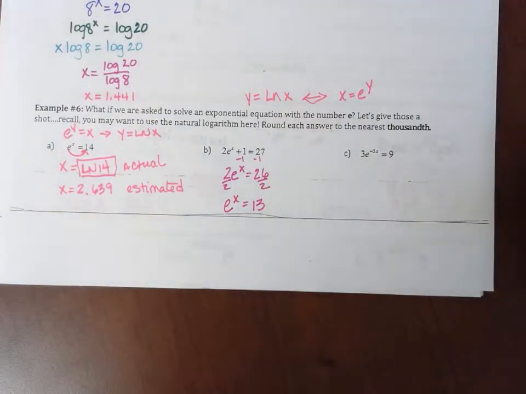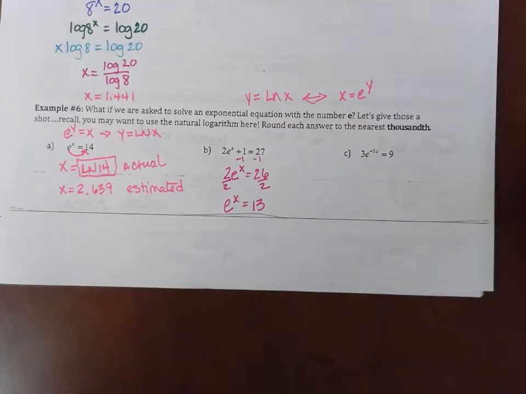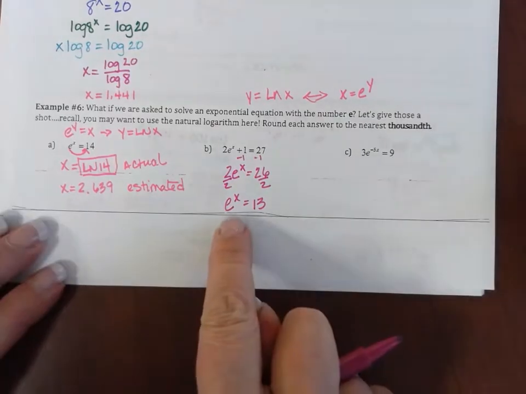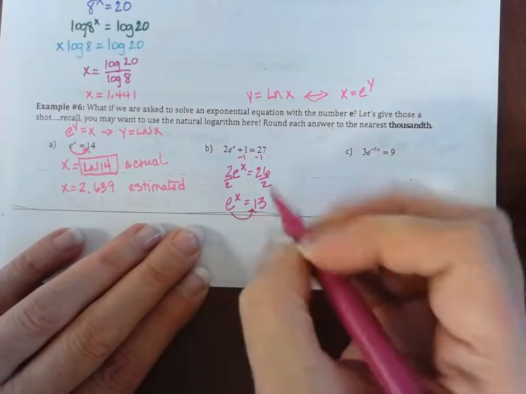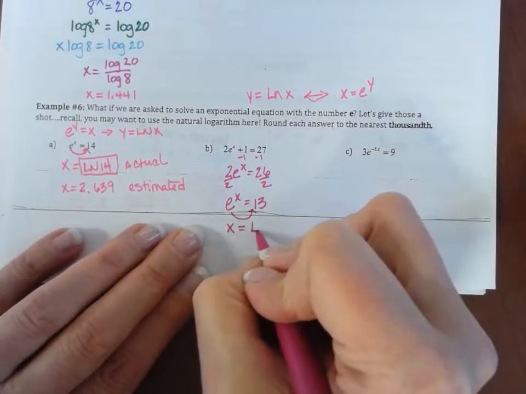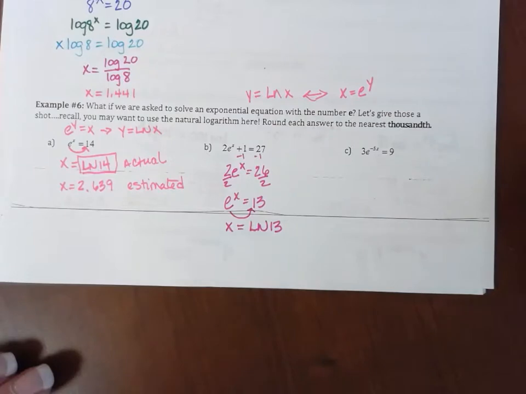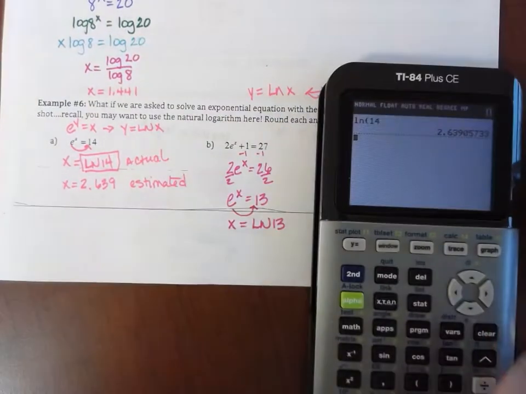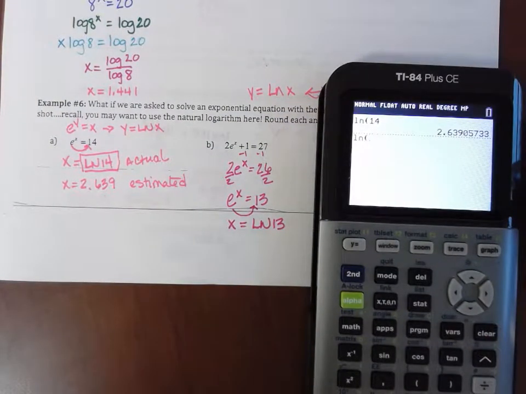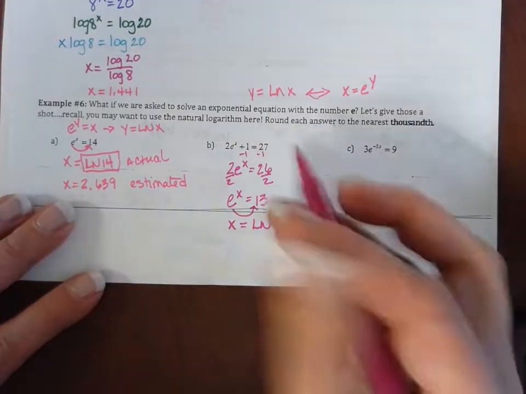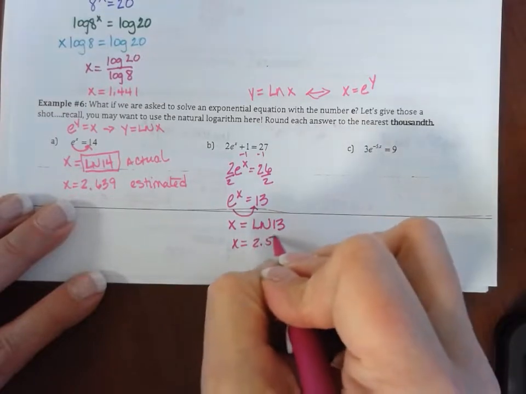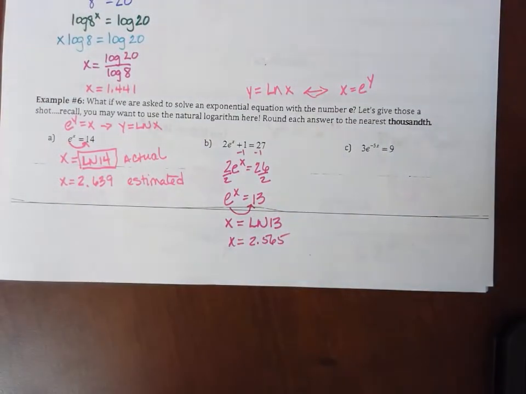When we were doing logs, it really didn't matter. You could do it both ways. But for the natural ones, you need to get e by itself first. So that means if I put that over there, then x becomes the ln of 13. And I'm at 2.565. Good? Easy peasy?